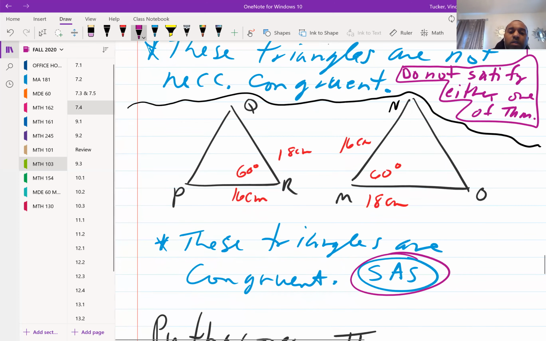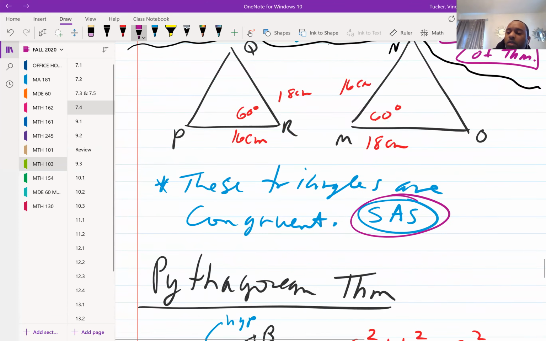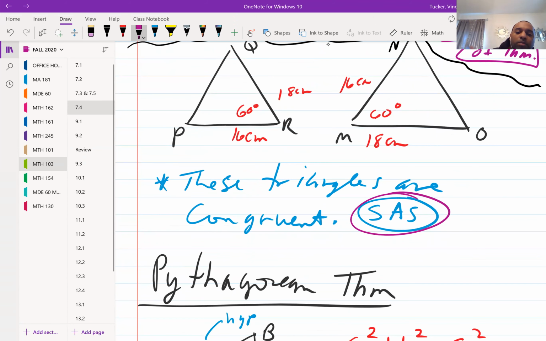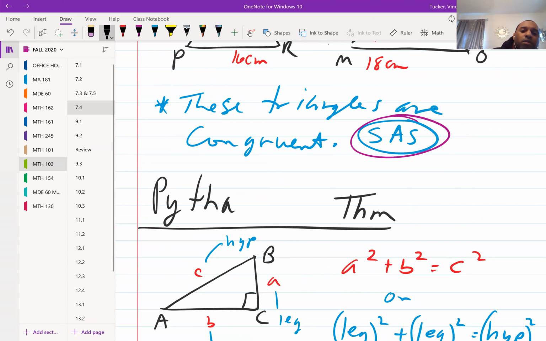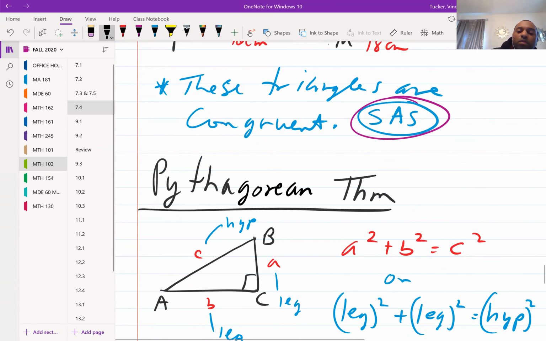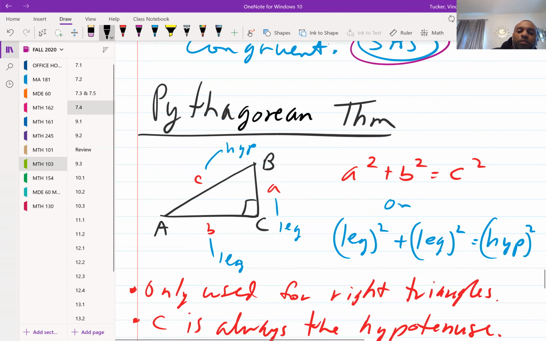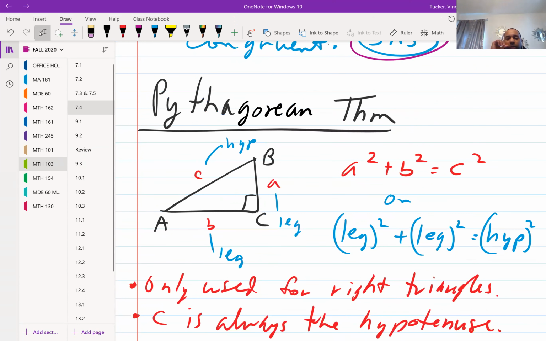All right, scrolling up. I can write that better. Pythagorean theorem. So your Pythagorean theorem, it's only for right triangles.